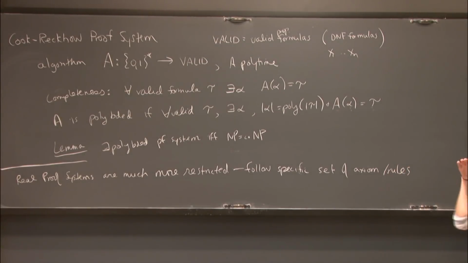So, a proof is usually a sequence of lines where each line is either an instance of an axiom or follows from previous lines by one of the rules, and the last line is the thing you're trying to prove. That's typically what they all look like, okay?